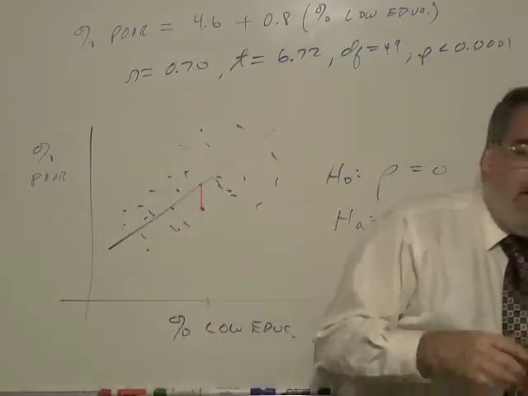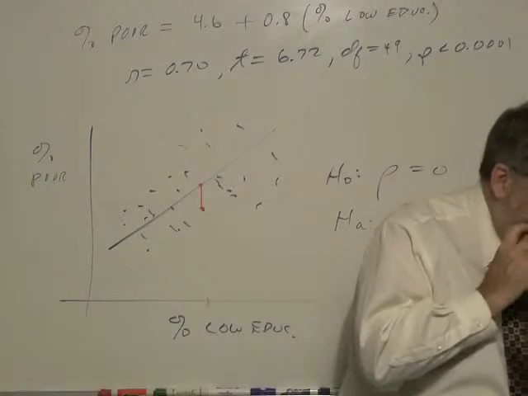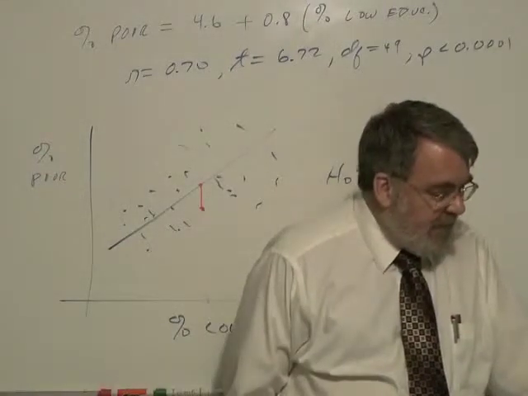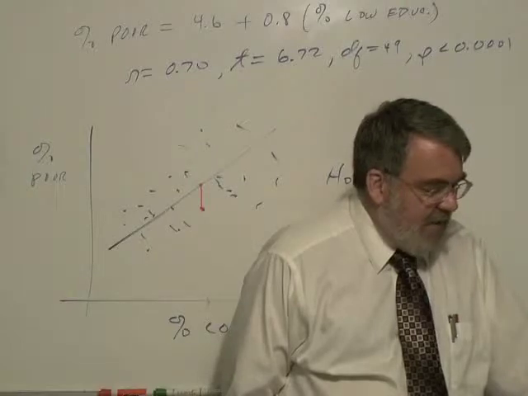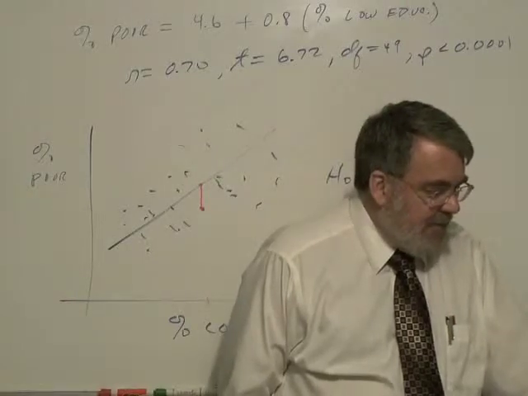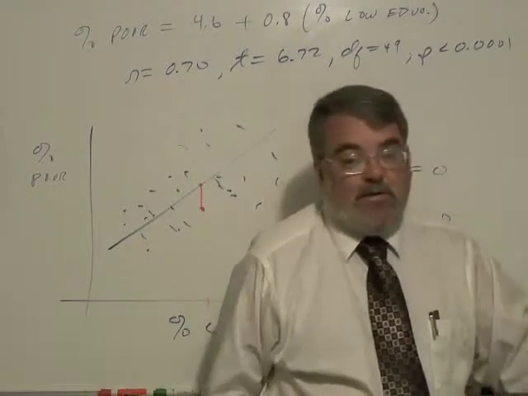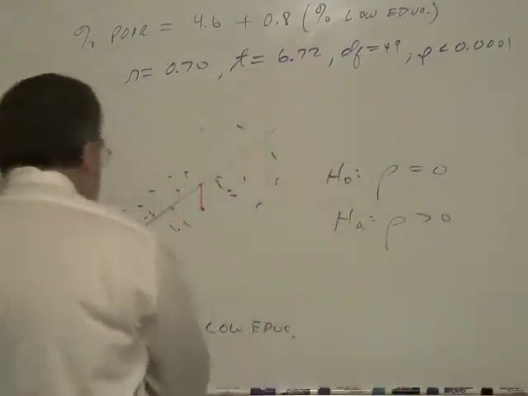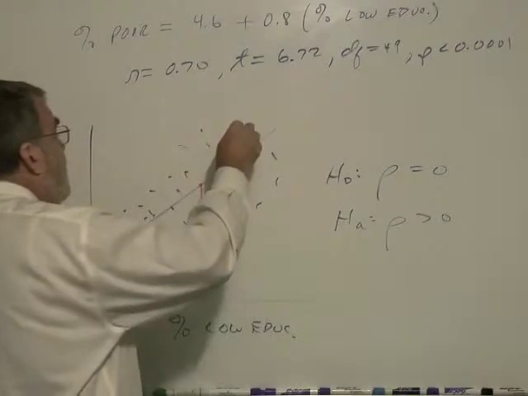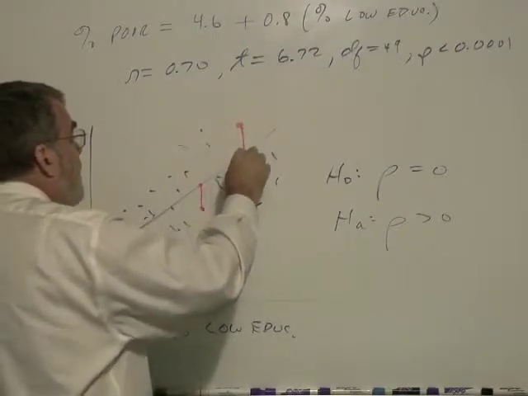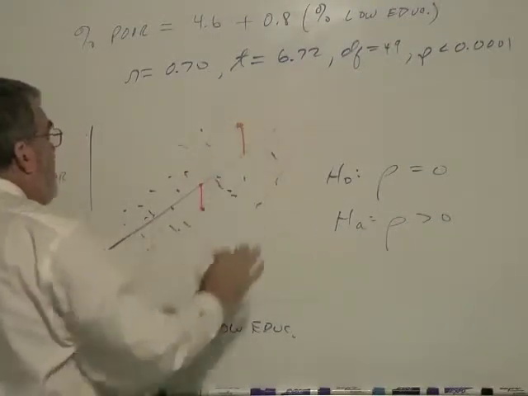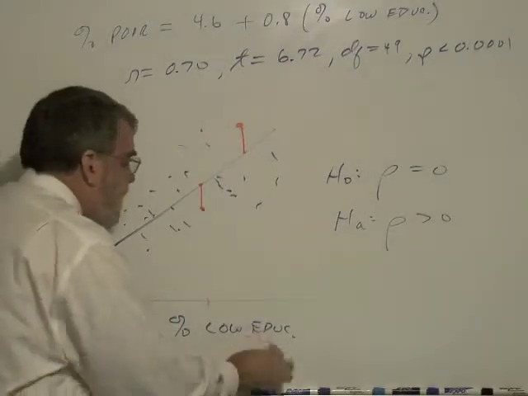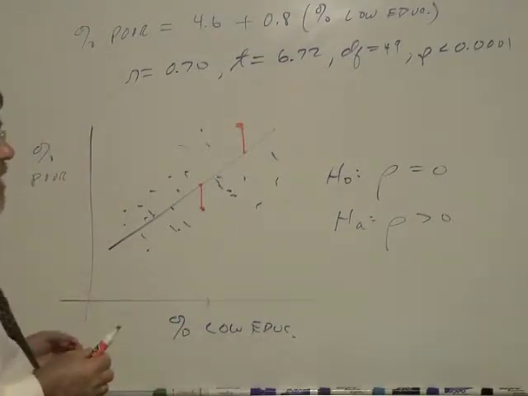And part E goes the other way. It says the states with the largest positive residuals are Mississippi, Louisiana, New Mexico, Montana, and Utah. What might be some of the reasons that these states lie above the regression line? If they're above the regression line, then they have a higher poverty rate on average compared to the same amount of education.